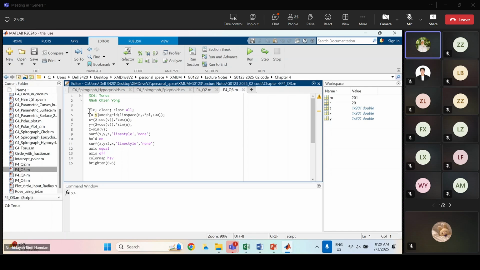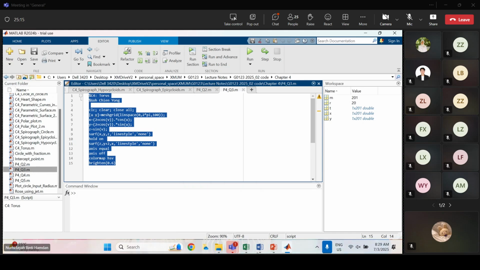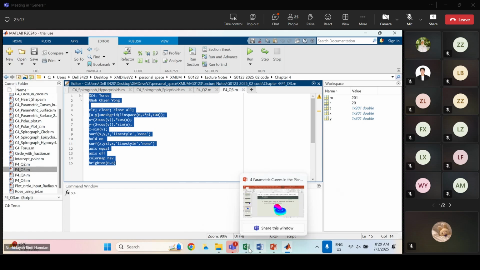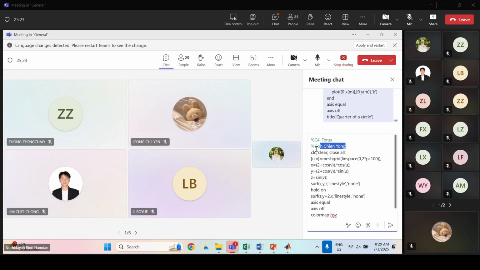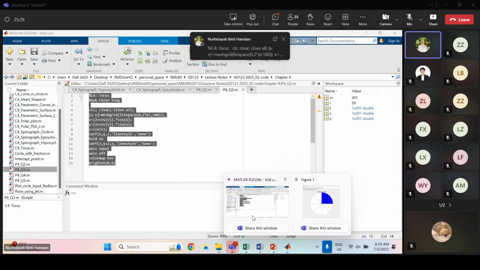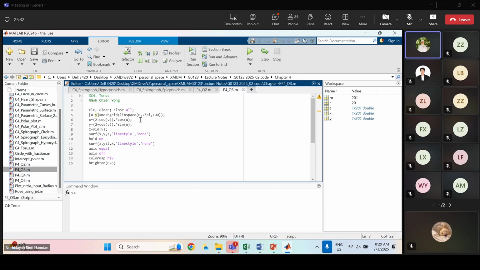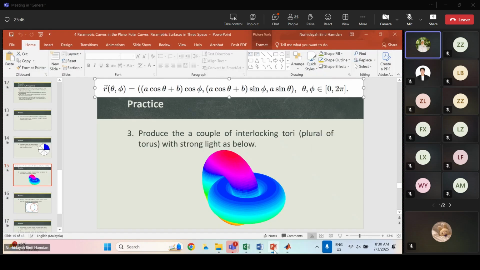You see here, I create a mesh grid of a linear space, 0 to 2 pi, of 100 values. You can increase it until 200 values. So x is 2 plus cosine v times cosine u.